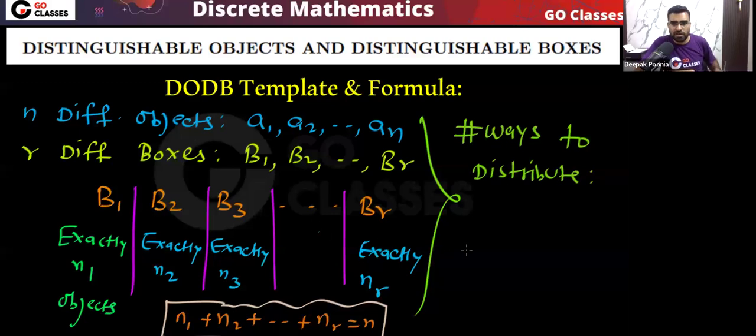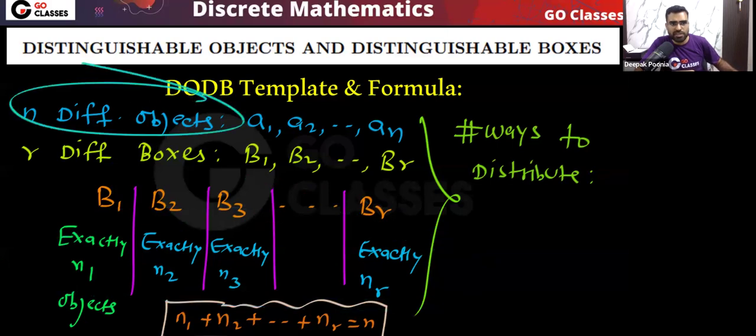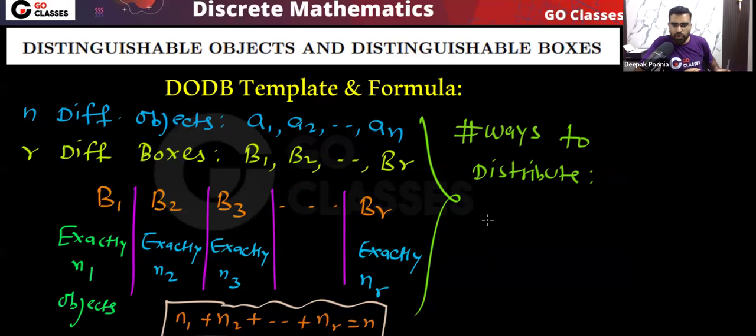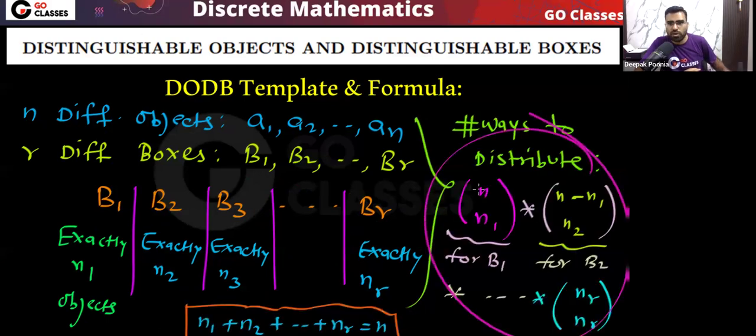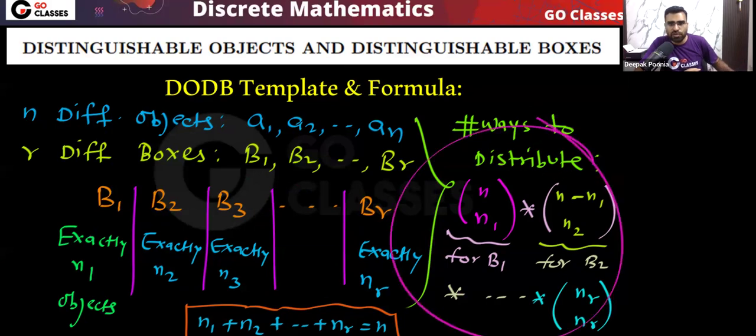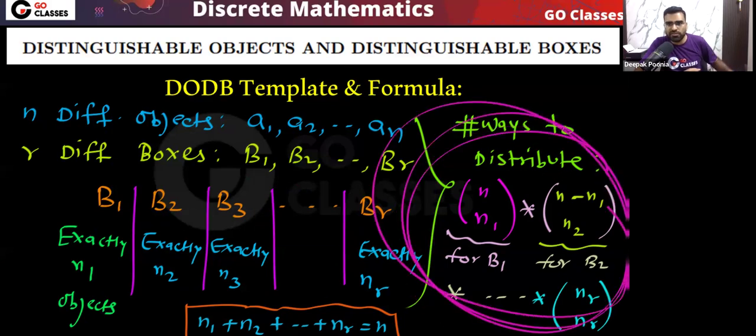There is a direct formula when you are distributing all the n objects. And this direct formula you can get from this, by simplifying the product rule with combination. This is the logic that we apply.